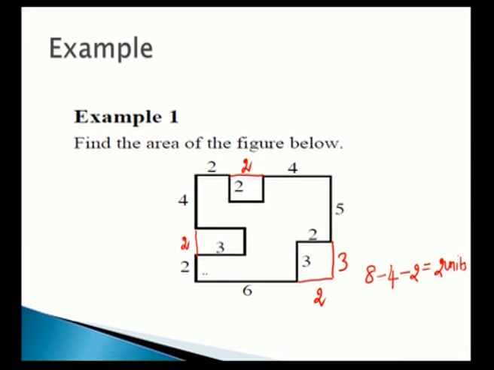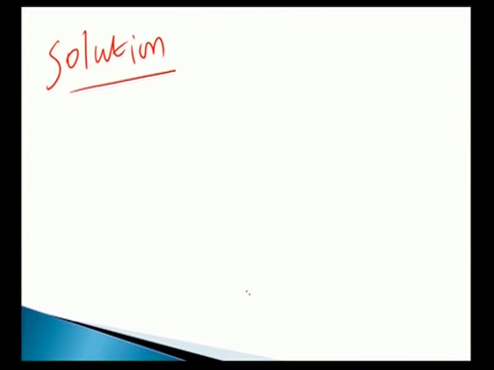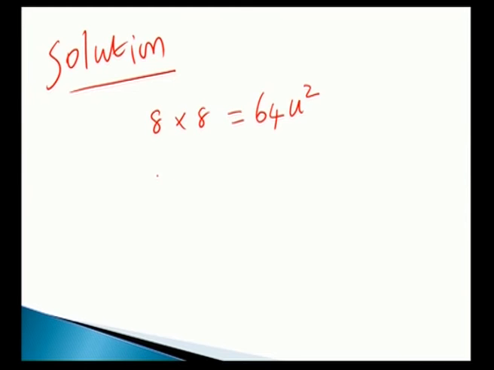So totally this is a square of 8 into 8, which is equal to 64 unit square, the total area enclosed in that figure. In that 64 unit square, the top cutout is 2 into 2.